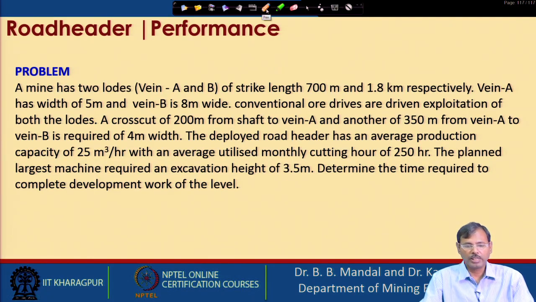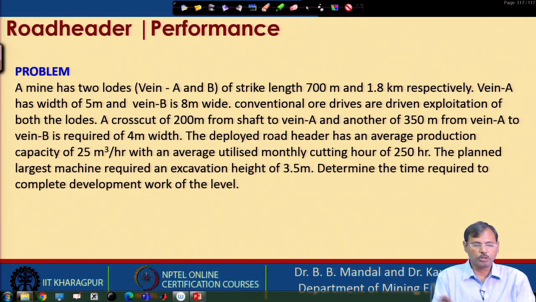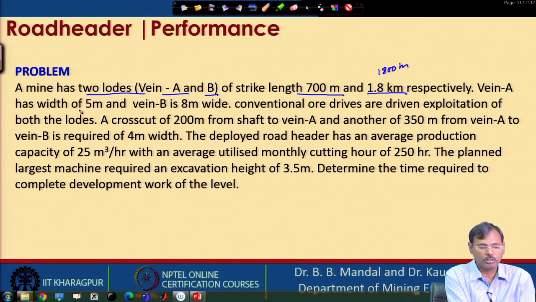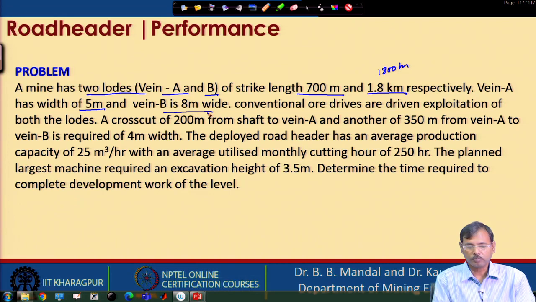Let us solve another problem of the road header. Suppose a mine has two lodes, vein A and vein B. Strike length of vein A is 700 meter and vein B is 1.8 kilometer, that means 1800 meter. Vein A is having a width of 5 meter, vein B is having a width of 8 meter.